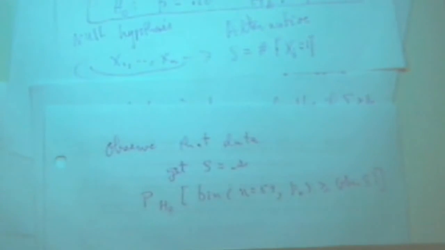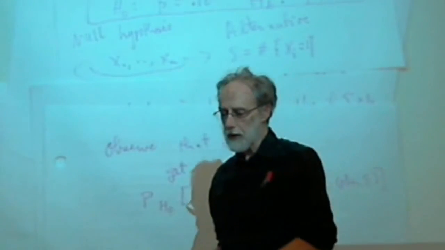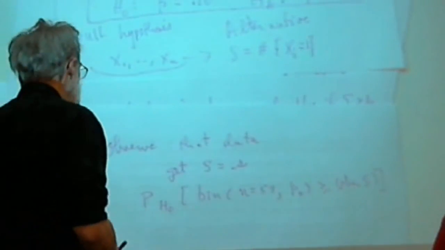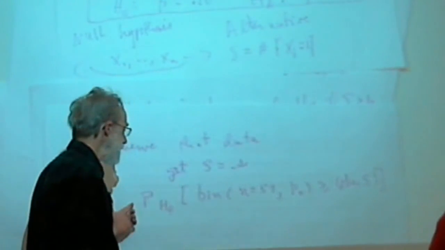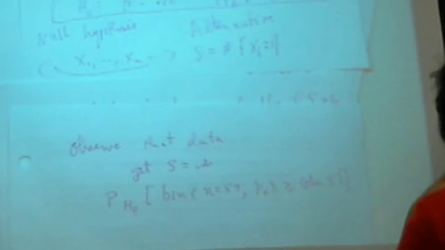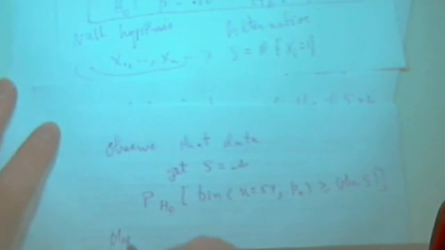Think of S as the observed K. And then we calculate this probability, and this will give us the level of significance at which we would reject. We can reject down that far. This is the observed significance level.